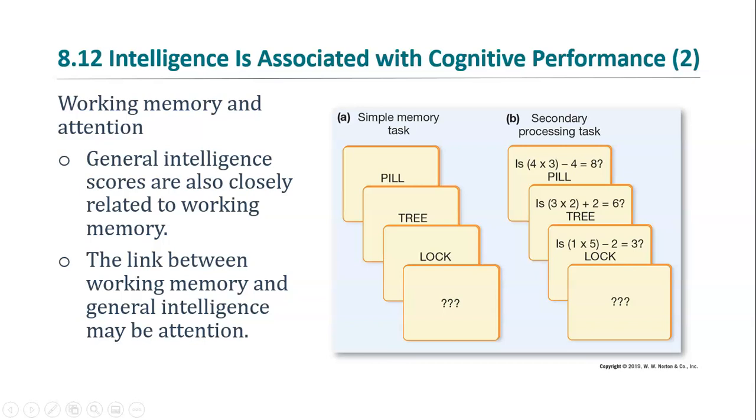Working memory is also involved in intelligence. Being able to manipulate information in your head is an important skill, and there's a fairly strong correlation between people's working memory capacity and their ability to do the kinds of items that we see on intelligence tests.